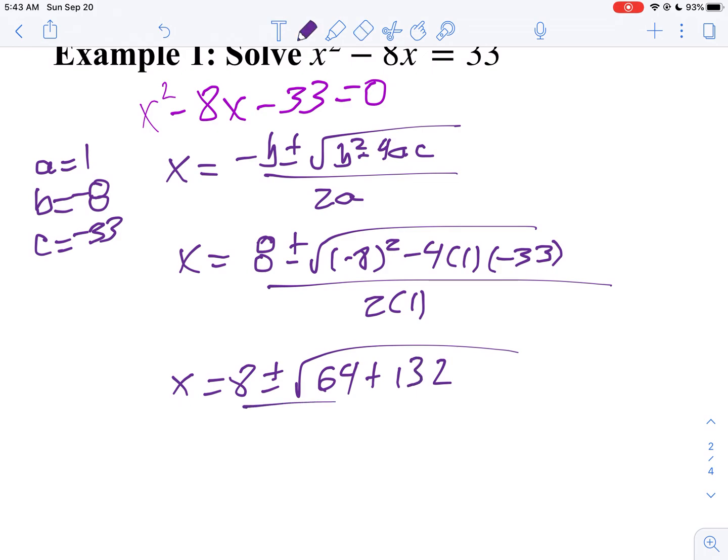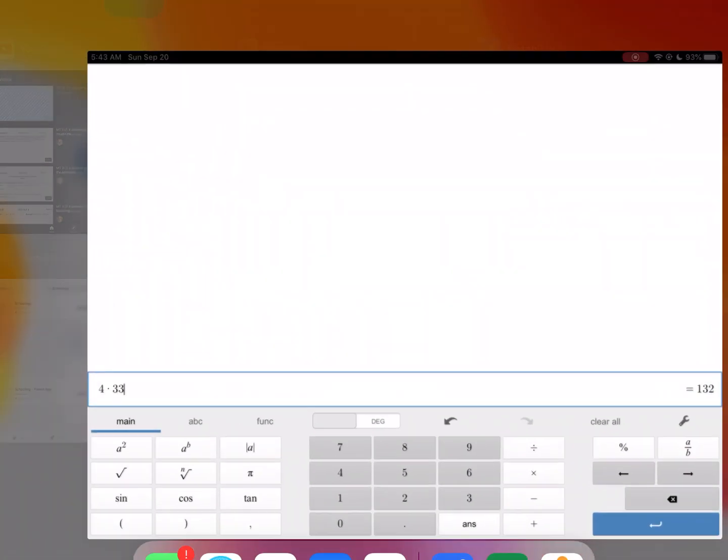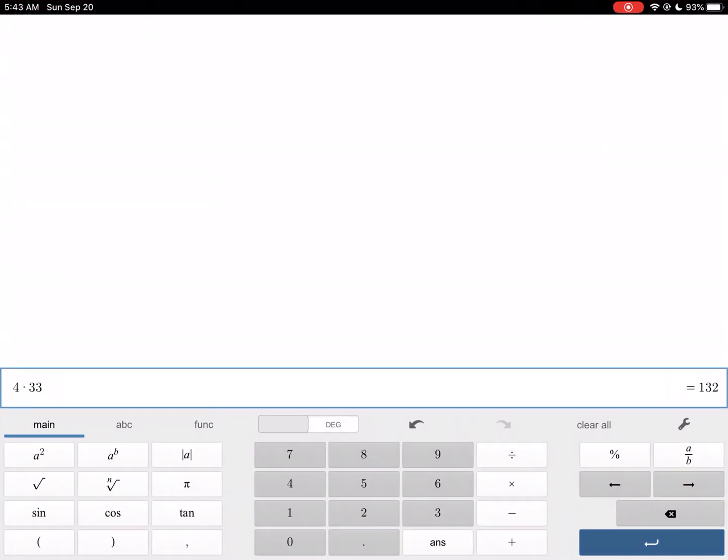Okay, all over 2. So x equals 8 plus or minus, well, what's 64 plus 132?